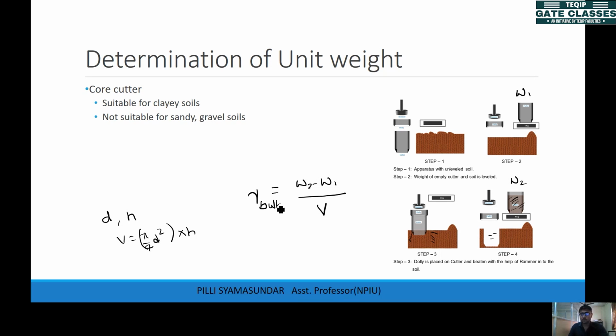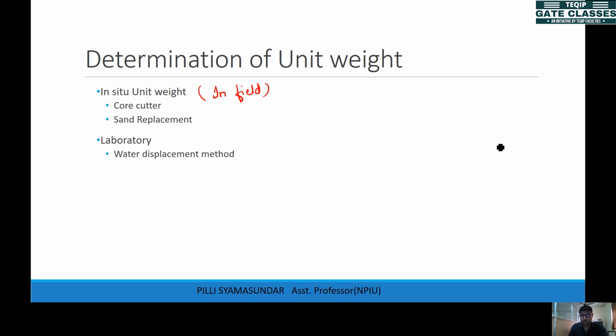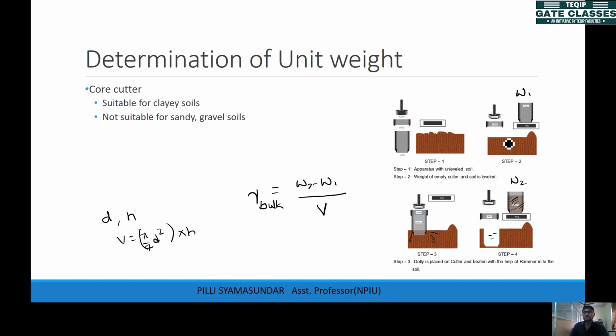Although the soil is in the same condition here, season to season the water content changes, so measuring the bulk unit weight doesn't give you much confidence about how the soil is present.